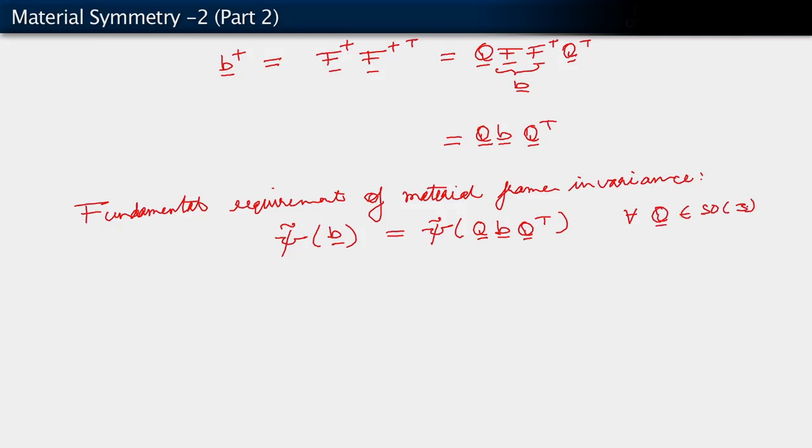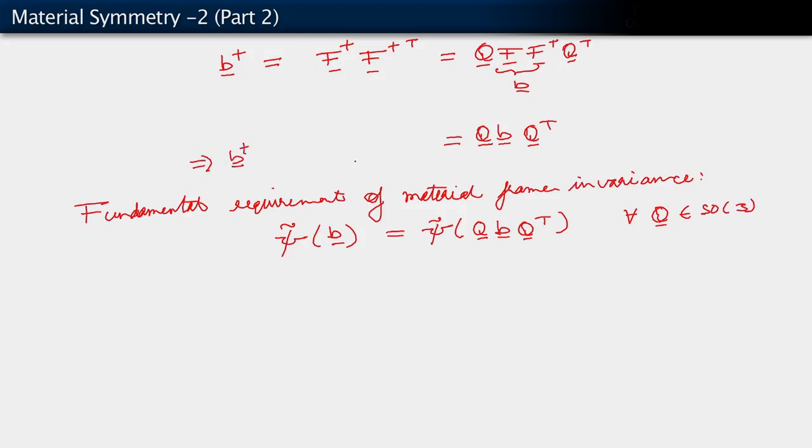The reason this shows up is that unlike what happens with our right Cauchy-Green tensor, which did not care how we were rotating the current configuration, this deformation tensor does care. B does care what we're doing with the current configuration. And so we observe that B plus is indeed related to B in this fashion.